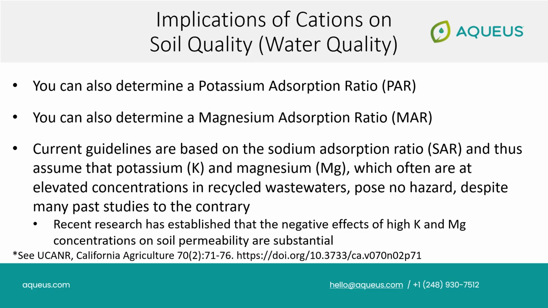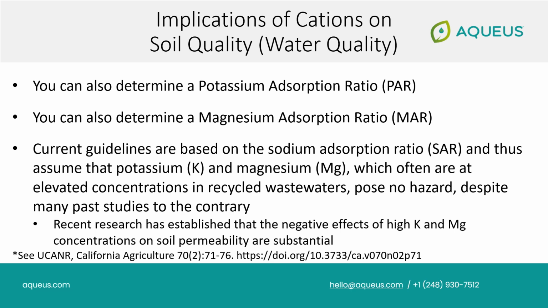So the implications of cations on soil quality and water quality are also determined by the potassium absorption ratio and the magnesium absorption ratio, but those aren't talked about much. They do have a bearing on soil quality and water quality.